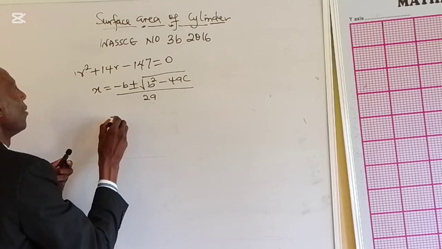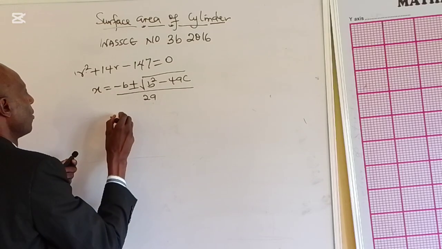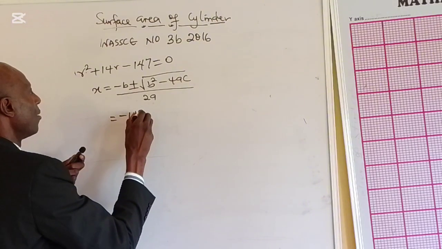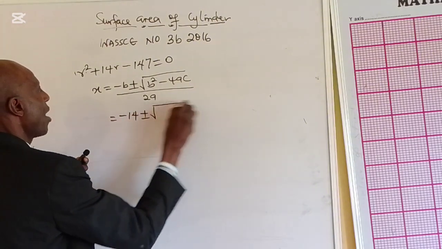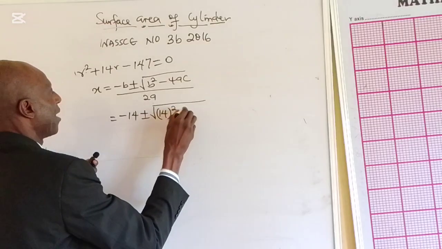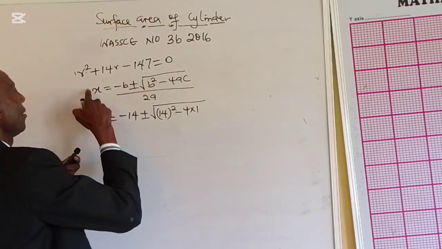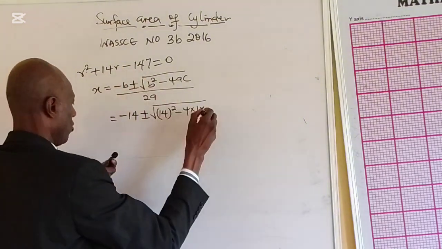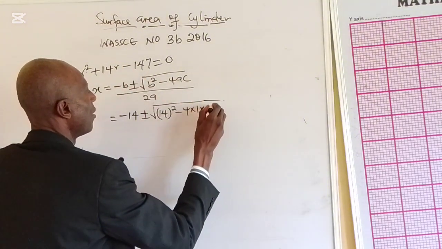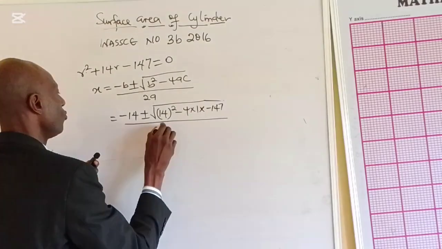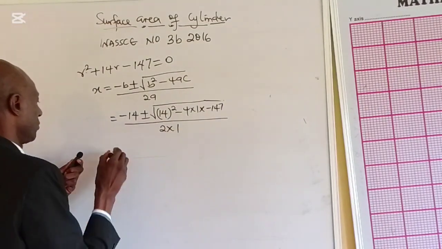So therefore, x is equal to minus 14, because this is 14, plus or minus the square root of 14 squared minus 4 times 1, look at the 1 here, times minus 147, over 2 times 1.